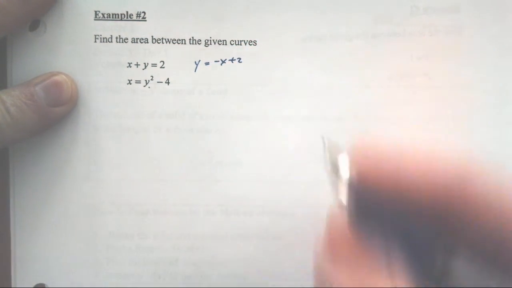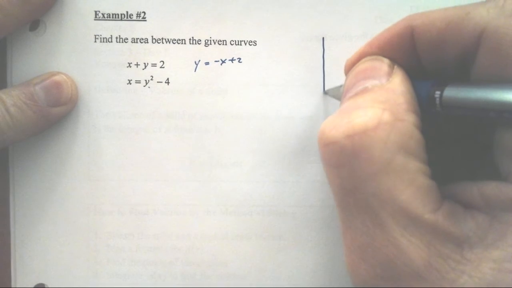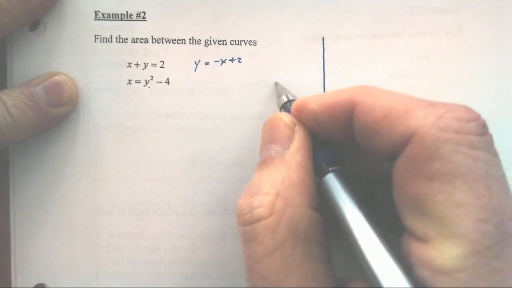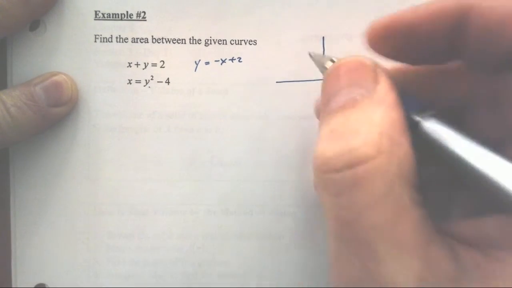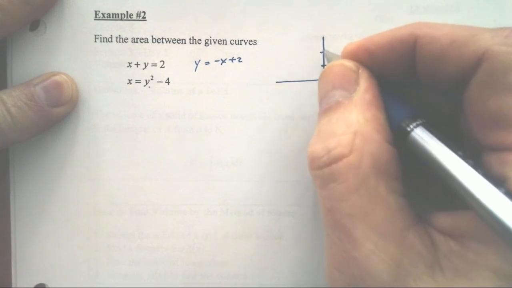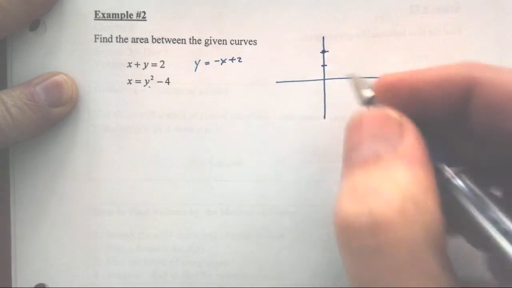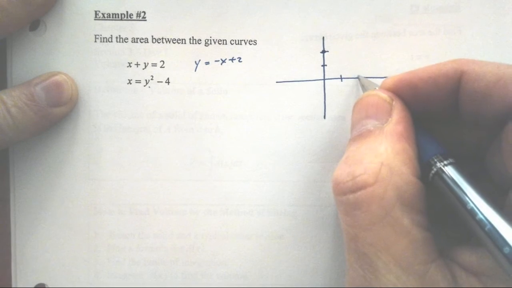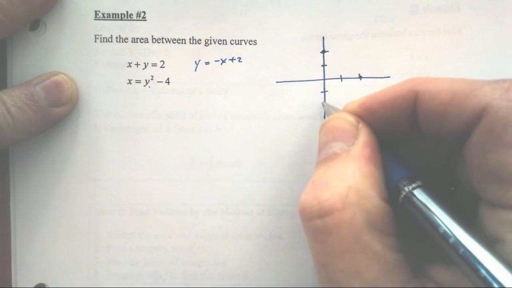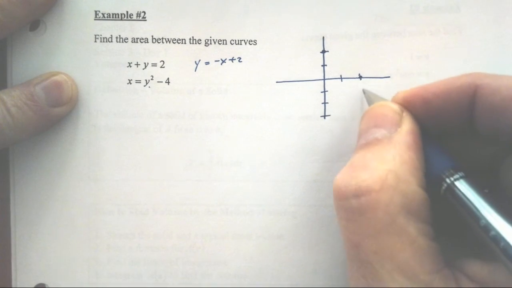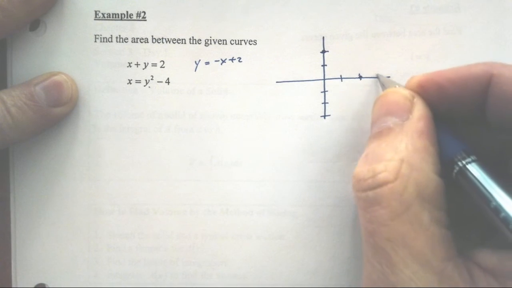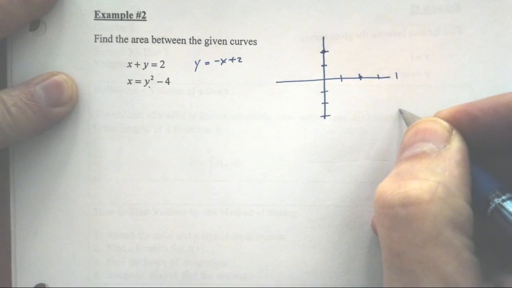Easy enough. So that would be y-intercept 2, slope negative 1. And by the time I'm over here, I'd be there.